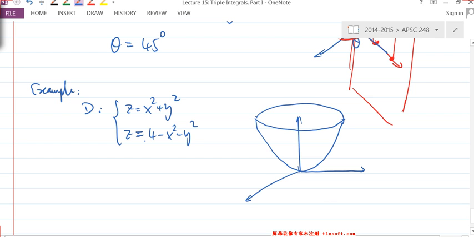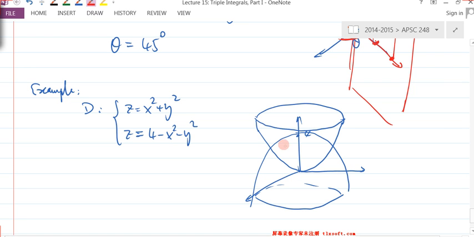You basically shift the bowl up by 4 units. So we shift 4 units here, and then you draw another paraboloid, but it's pointing down. And then basically it's like two bowls on top of each other, right?